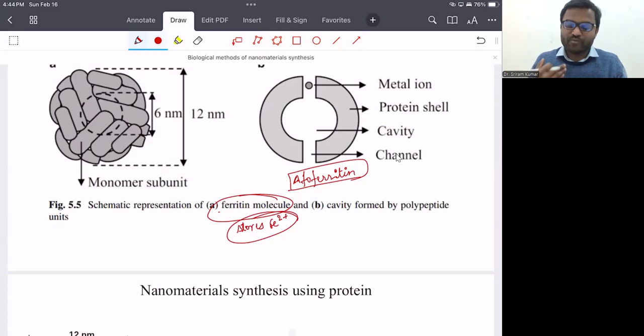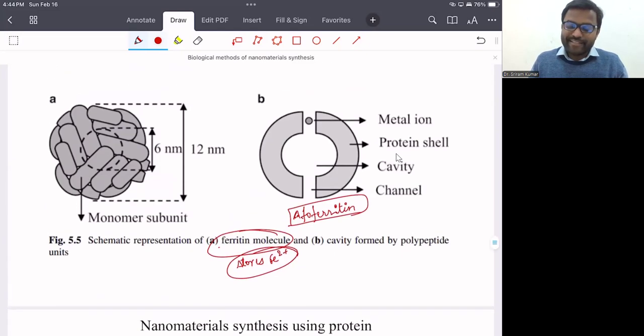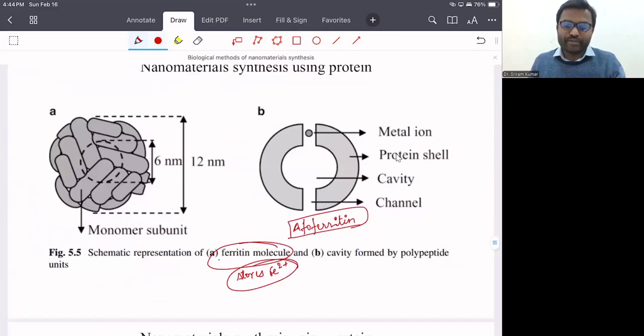So now let's understand this important protein.